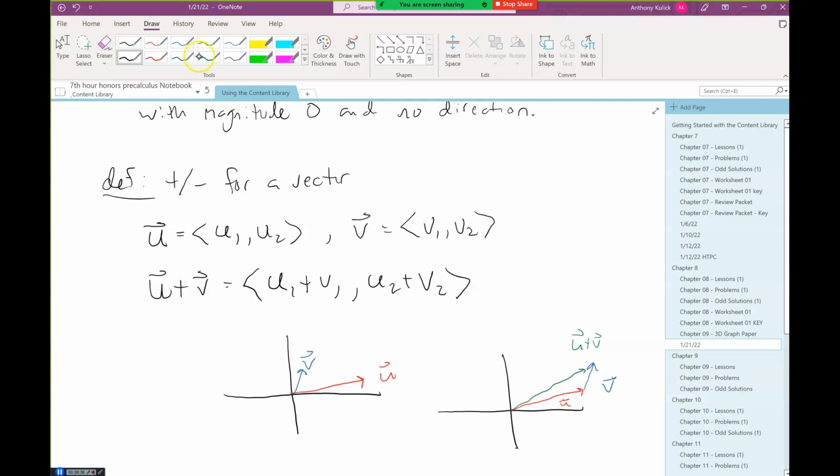And similarly, if I drew the picture, if I drew v first and then drew u, I end up at the same spot, right? So it still results in the same u plus v. Now, obviously, we get two different triangles, but if I drew both triangles at the same time, what shape do you see there?